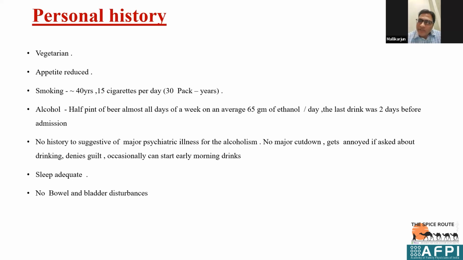So one differential, because you have some alcohol history, is alcoholic liver disease. Second is congestive cardiac failure, of the constrictive pericarditis type. Pericarditis secondary to tuberculosis is very common. Chronic alcoholics and diabetics are prone to tuberculosis.